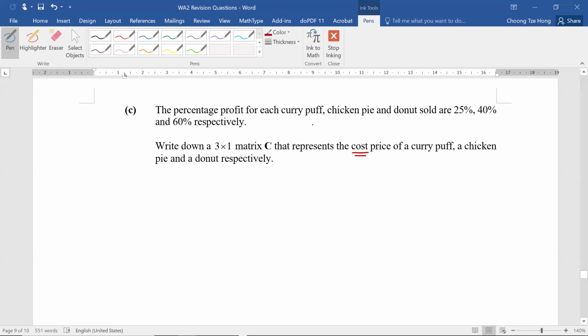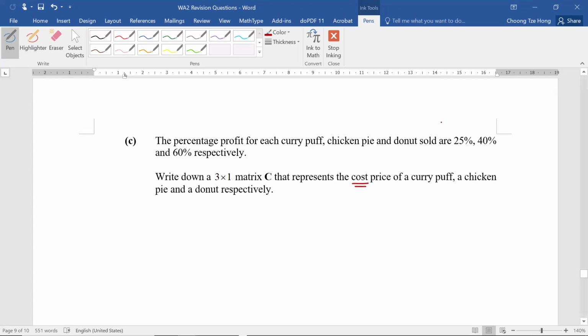What they are saying here is that the selling price for the curry puff is 160, and this 160 includes a 25% profit on the cost price. So this 160 is actually 125% of the cost price.